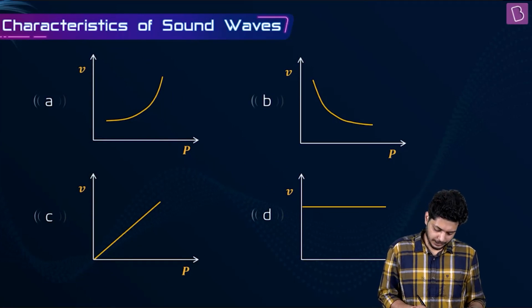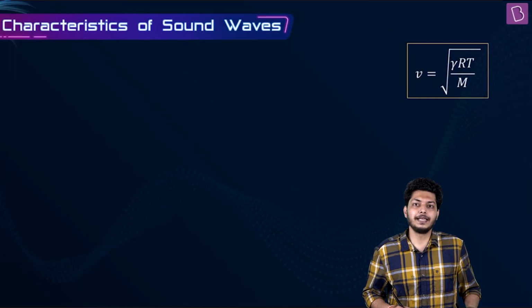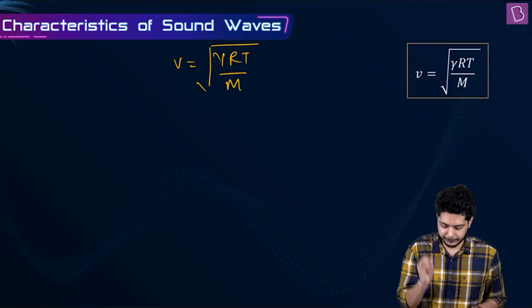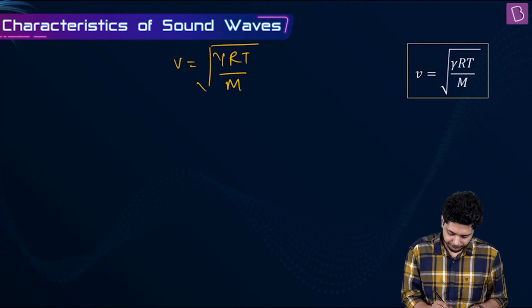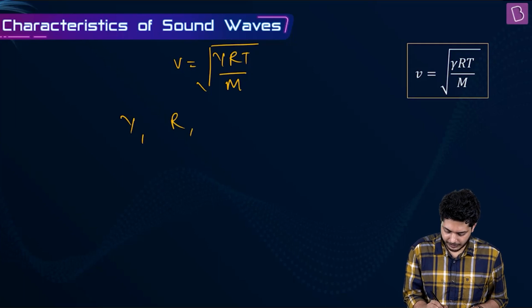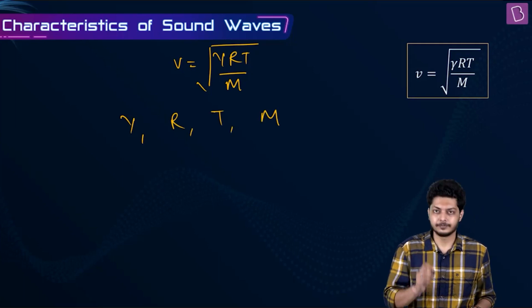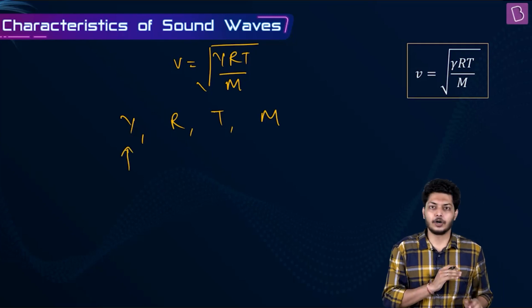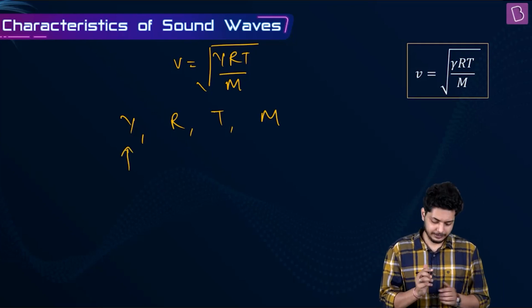First of all, how do we have to proceed? Speed of sound in a medium is given by root over gamma RT by M. We have four parameters: gamma, R, T, M. For a particular gas, gamma will be constant throughout the medium, right?